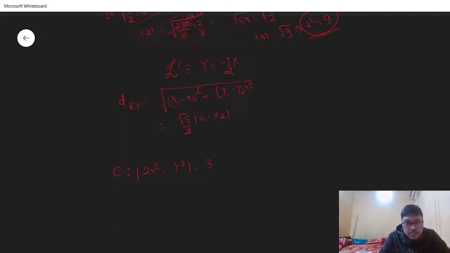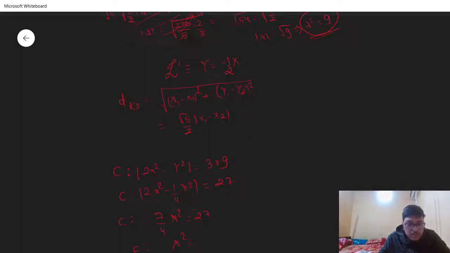Here 3 lambda square is 27, as lambda square is 9. So 2x square minus y square, minus 1 by 4 x square, equals 27. It will be 7 by 4 x square equals 27.